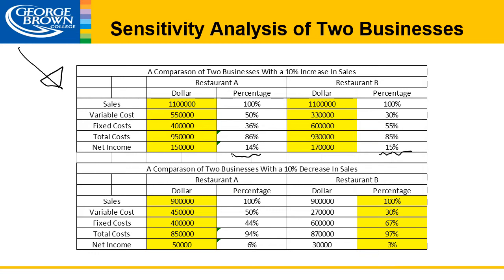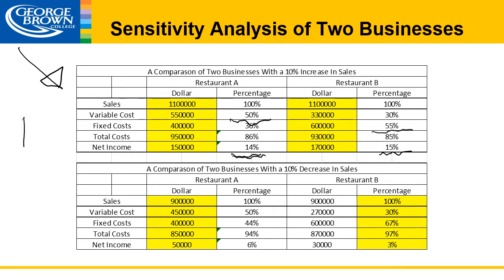That's because their fixed costs are a higher proportion of their overall cost structure, whereas restaurant A, which has higher variable costs, is not performing as well as restaurant B. So in times of sales increases, businesses with a highly operationally leveraged cost structure, or higher fixed costs in comparison to variable, tend to outperform businesses with higher variable costs.